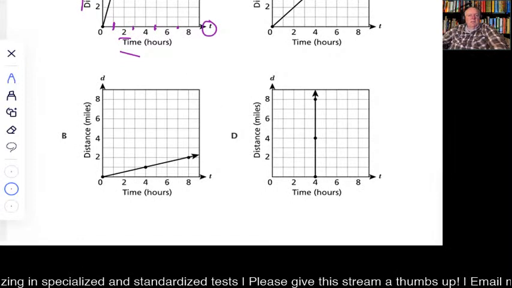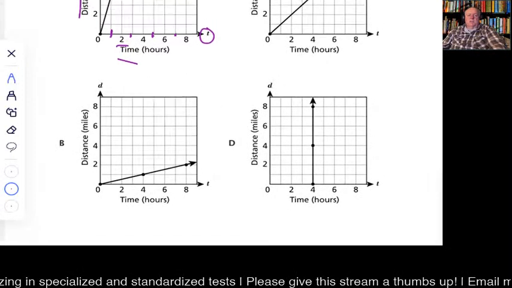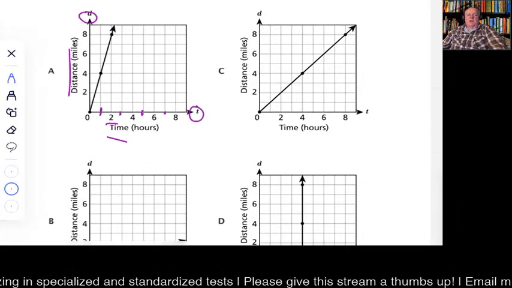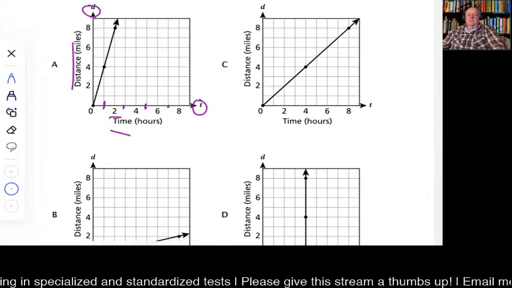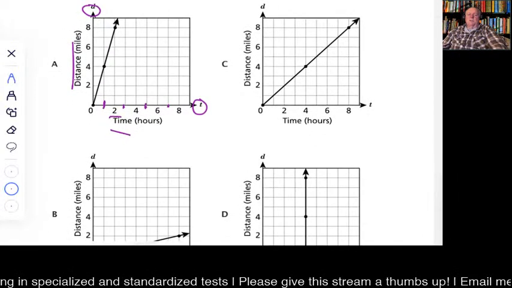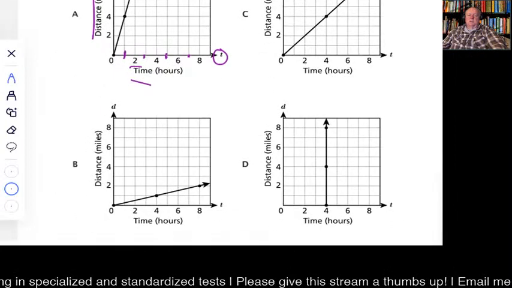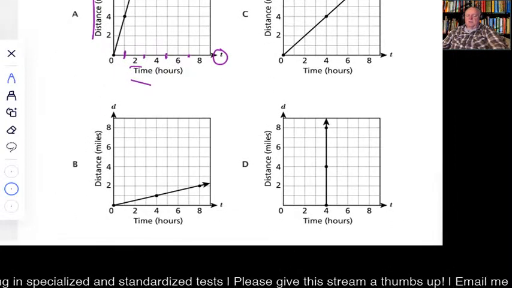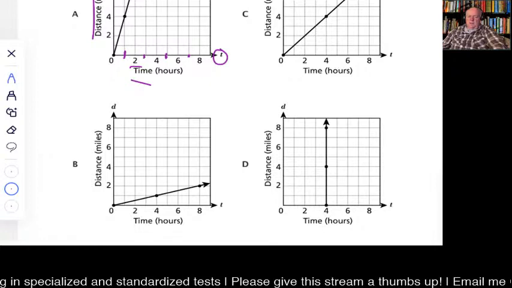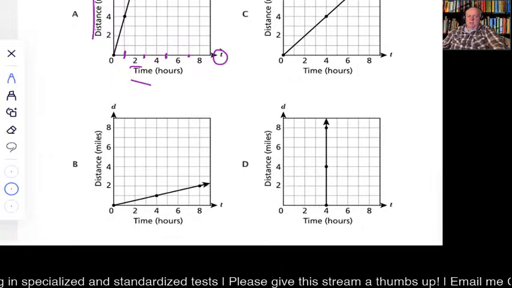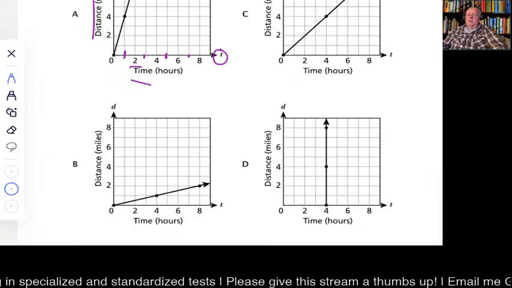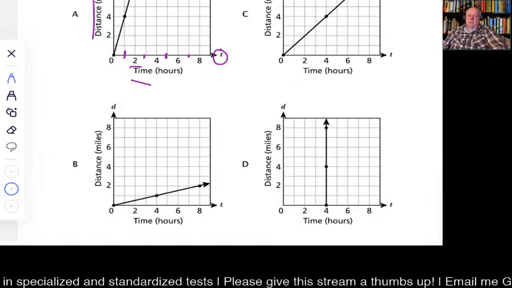B is not really a steep slope, whereas with choice A, you better hope your driveway doesn't look like that. You better hope it doesn't even look like C, and you definitely hope it doesn't look like D. B might even be too strong an angle for a driveway, but that's what we're talking about with the slope. Otherwise it's flat, otherwise you're horizontal.